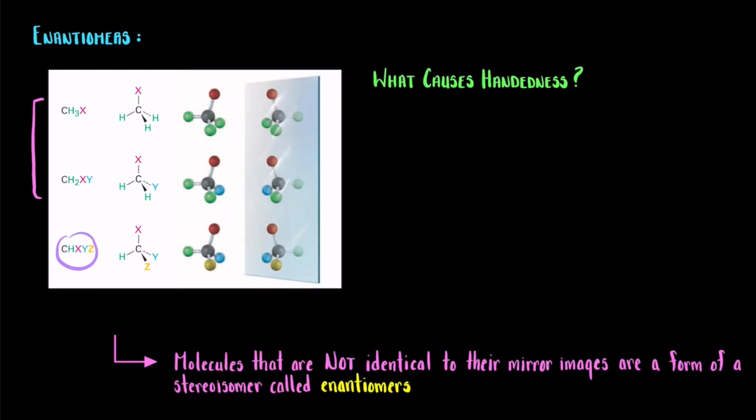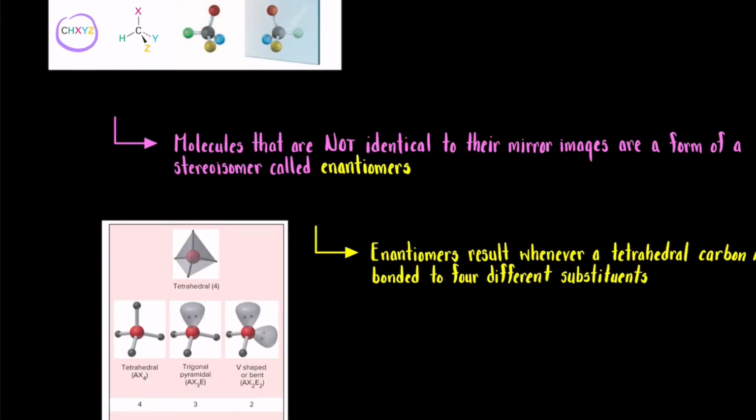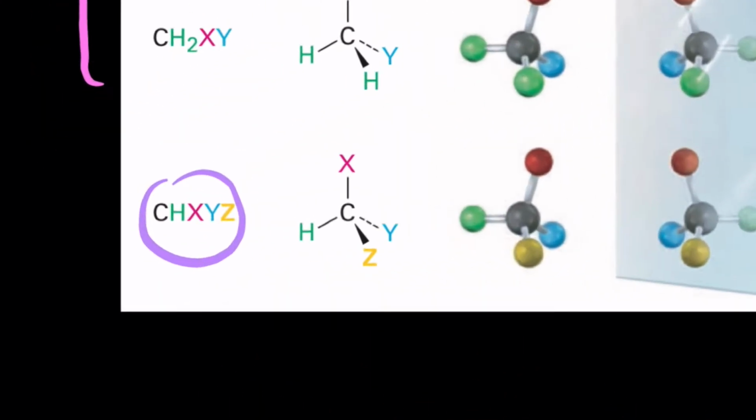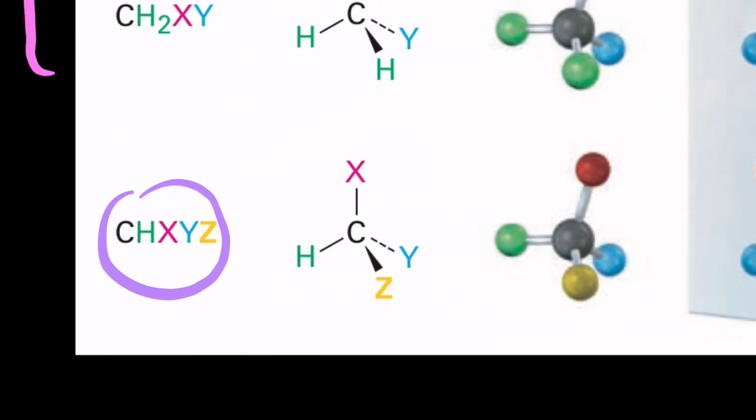So molecules that have this handedness, remember, they are not identical to their mirror image, are a kind of stereoisomer that we call an enantiomer. And remember that an enantiomer, like we saw with this molecule, results when a carbon or another atom, usually carbon or nitrogen, is bonded to four different substituents.